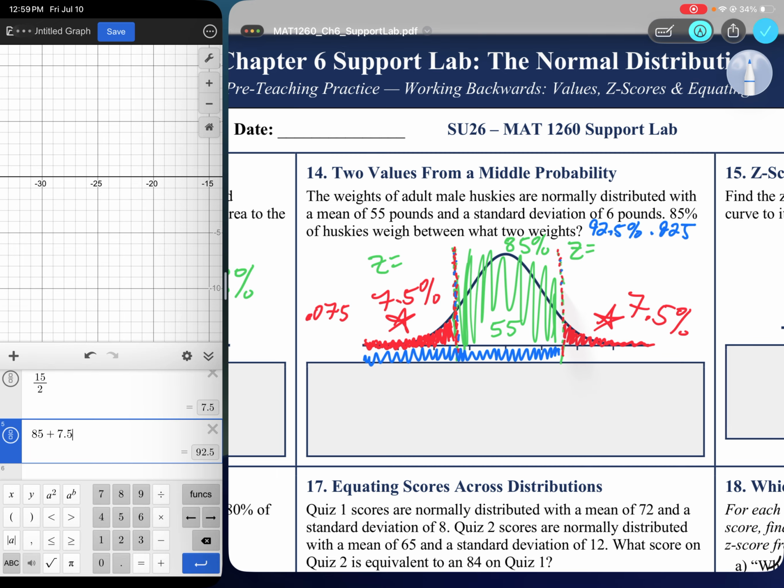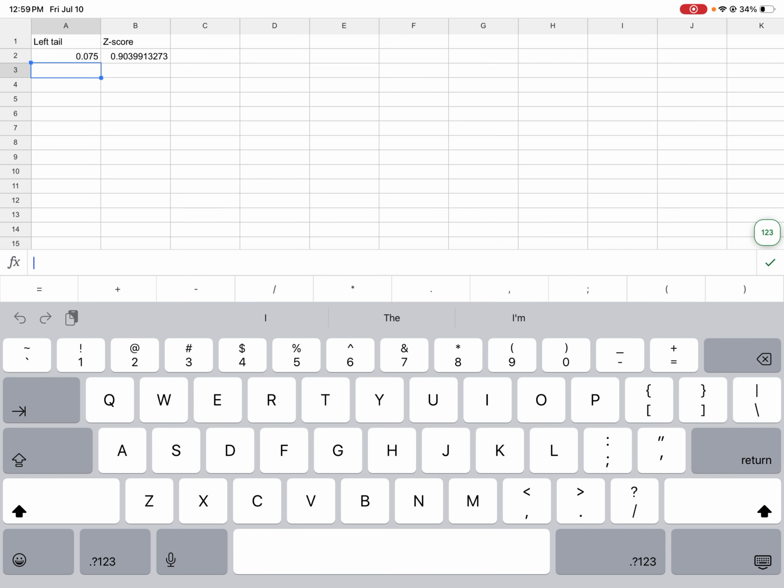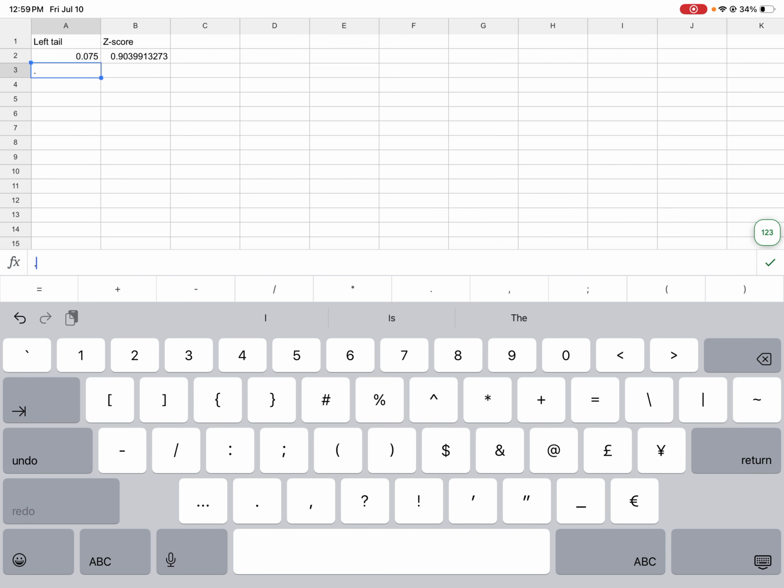Sorry, the iPad's a little bit trickier sometimes. My upper bound left tail is actually 92.5%, so 0.925.